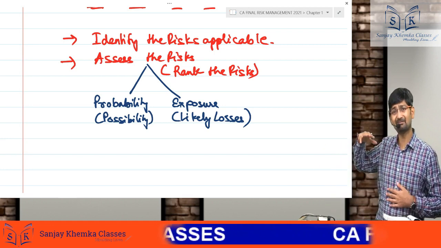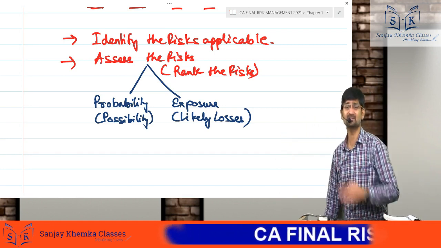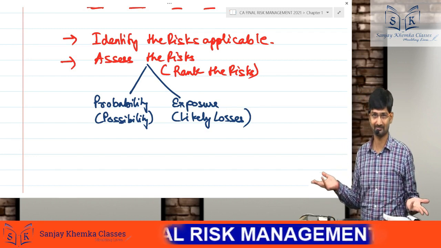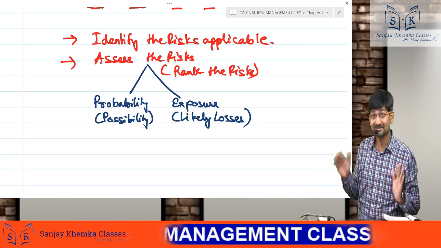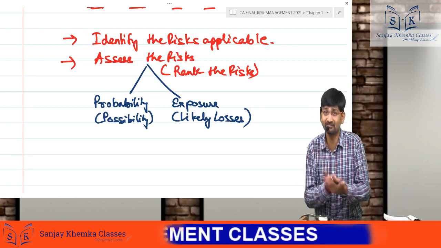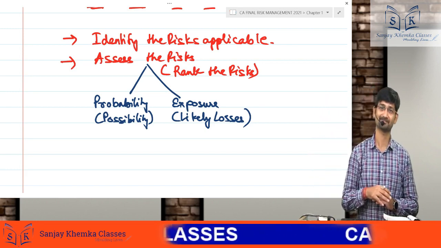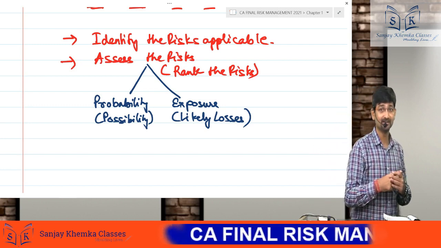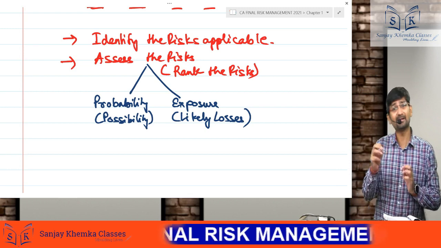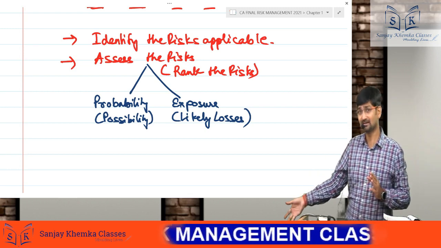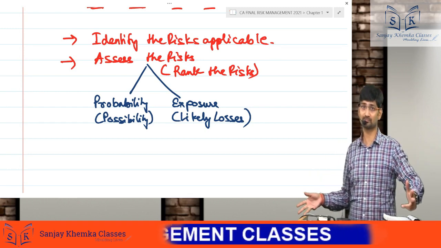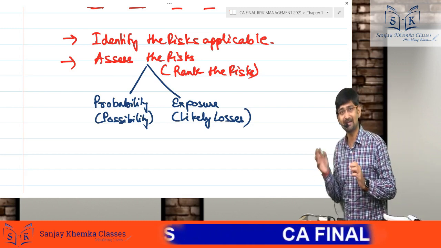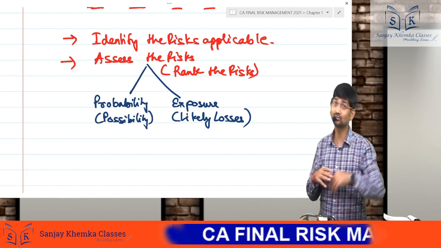Some risks may have high probability, 90% chance of occurring, but if they occur, the loss is 100 rupees. As compared to that, for some risks the probability may be only 10%, but the loss is 2 crores.